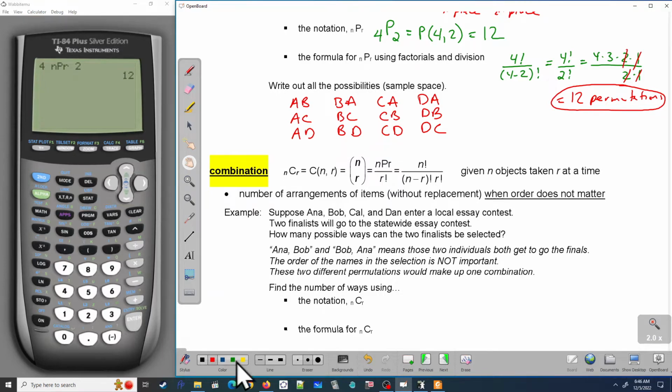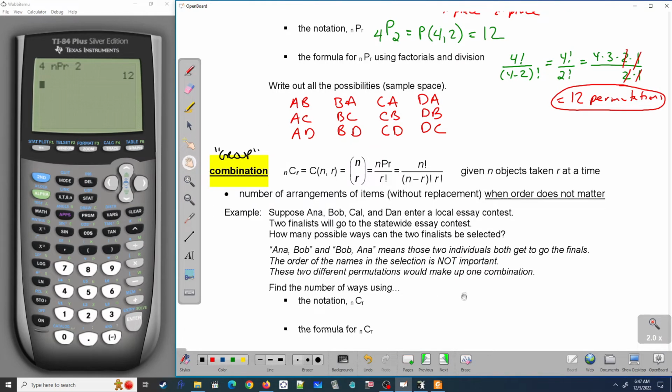So when you think of combinations, I really would emphasize that you think of the word group. And the only reason I'm going to change that color is because we just had red here, and I don't want that to be confused. So when you think of combination, think of groups, where order does not matter.